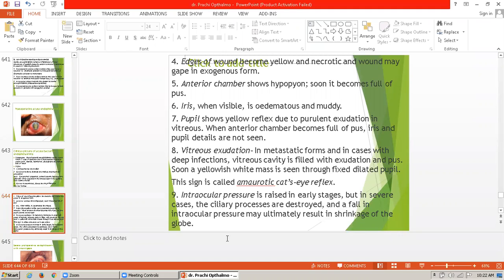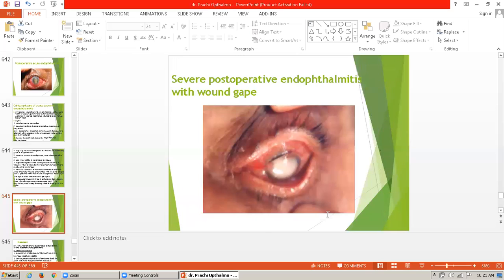So as the severity increases, the ciliary process is destroyed, which results in a fall in intraocular pressure and ultimately a shrinkage of the globe.